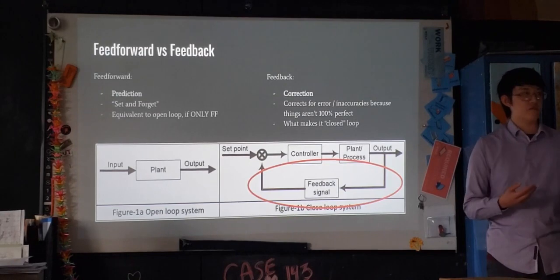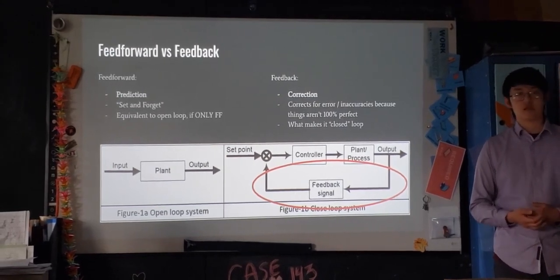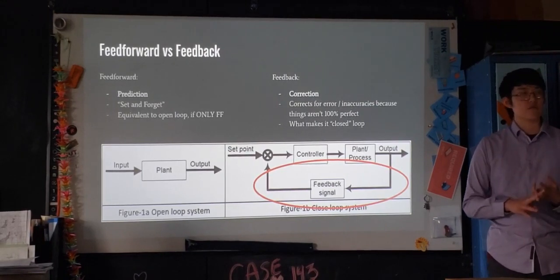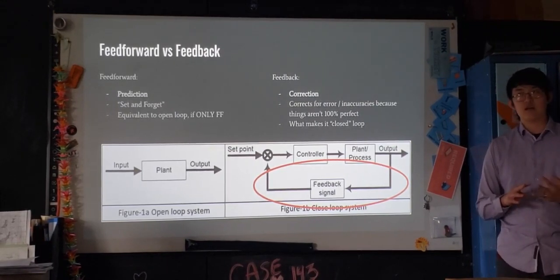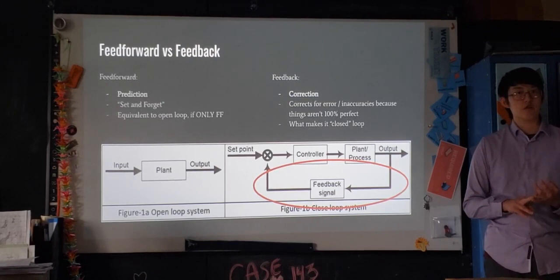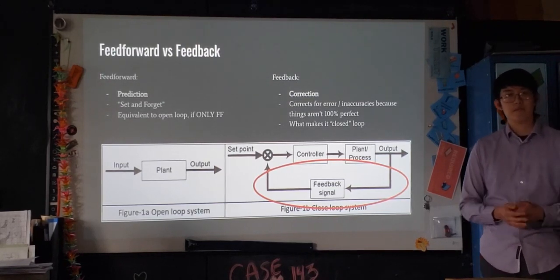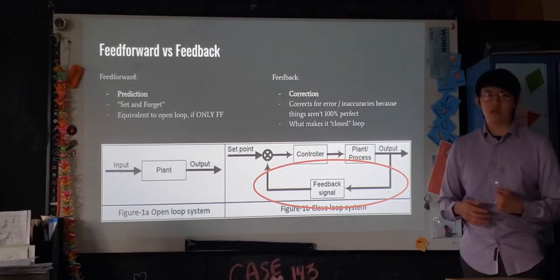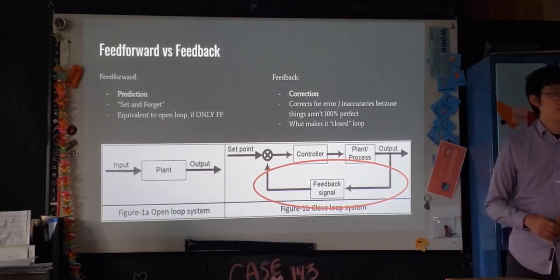Some examples of feed forward constants are static friction, the force of gravity, the resistance to inertia, the resistance to acceleration, and stuff like that. And you'll see in a little bit when I go into more depth about feed forward.